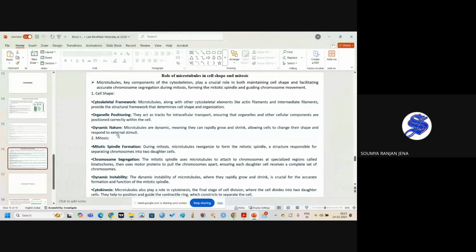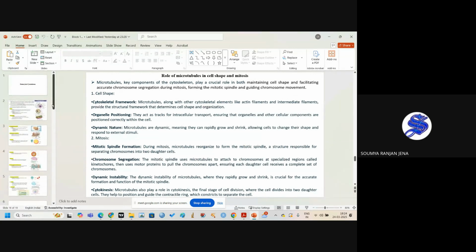And if we go to the cytoskeletal framework, microtubules along with other cytoskeletal elements like actin, that is microfilaments, and intermediate filaments provide the major cytoskeletal framework structure, and that determines cell shape and organization and different organelle positioning, such as intracellular transport of different cellular organelles, and other cellular components are positioned correctly within the cells.